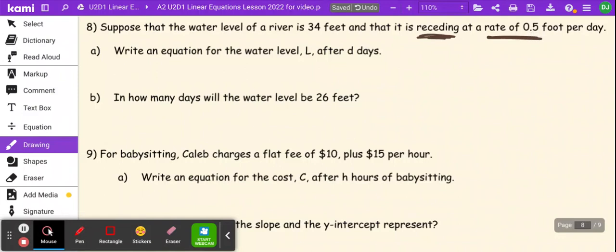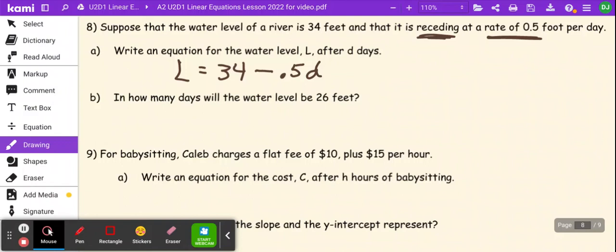So if I'm going to write an equation about the water level, where L represents the water level, well, what's happening? I have 34 feet of water, and receding means it's going down, and the average rate is half a foot per day, and D represents days. So you should, again, be pretty familiar with writing this representation into a linear equation.